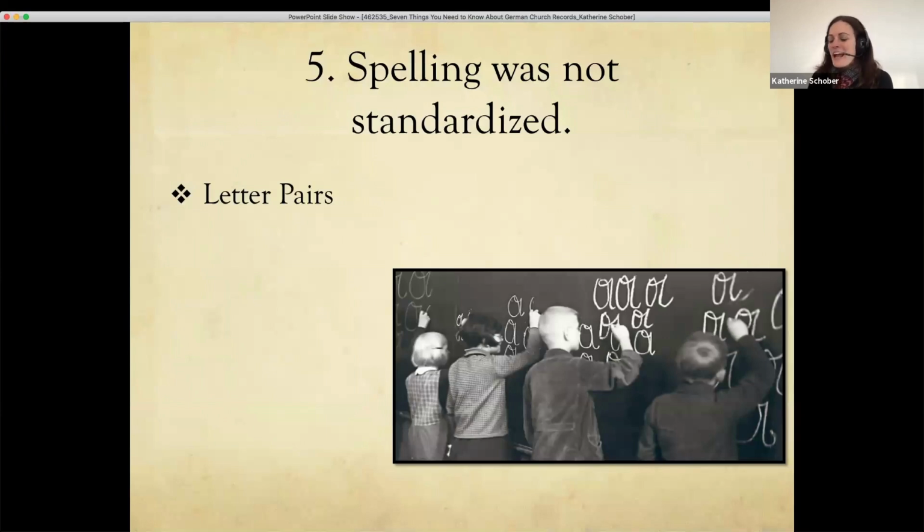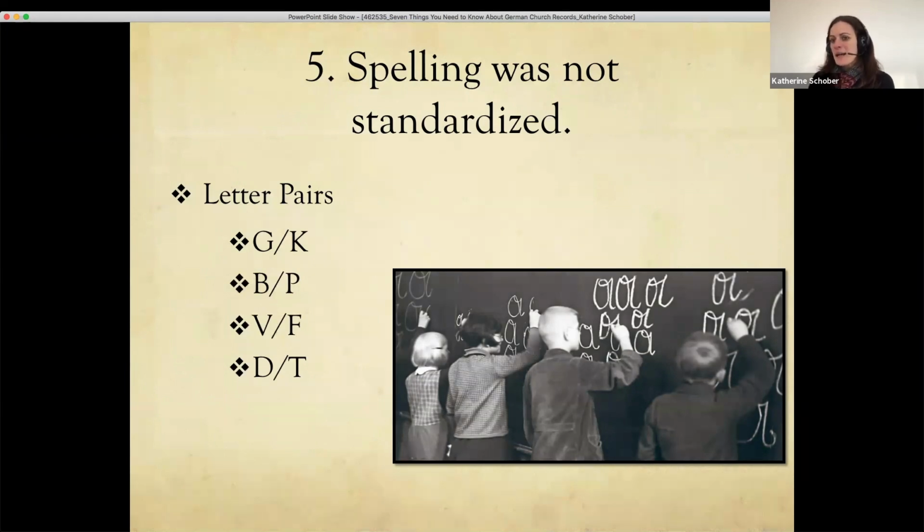And by that, I mean there were certain letter pairs that German speakers did and still do tend to mix up with one another. So these pairs are the pairs you want to look out for.